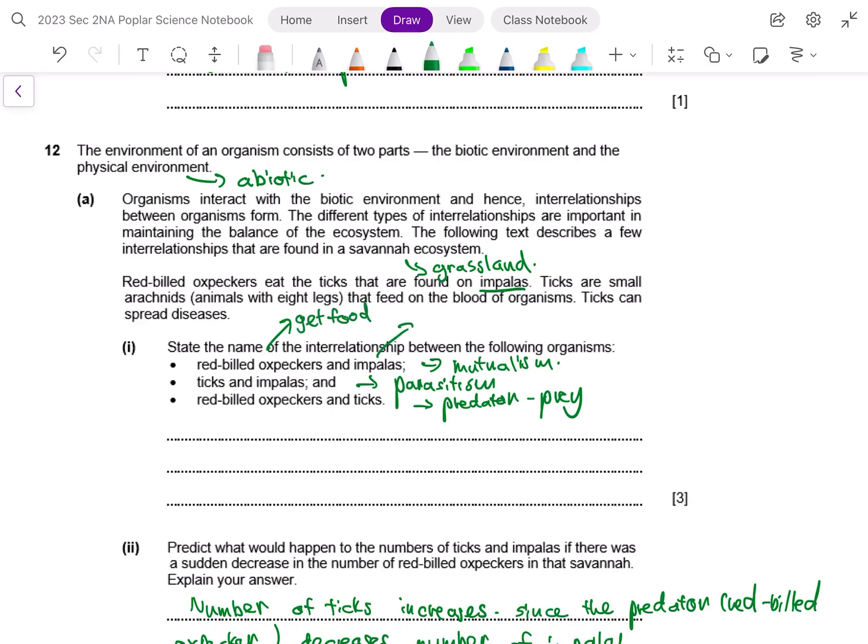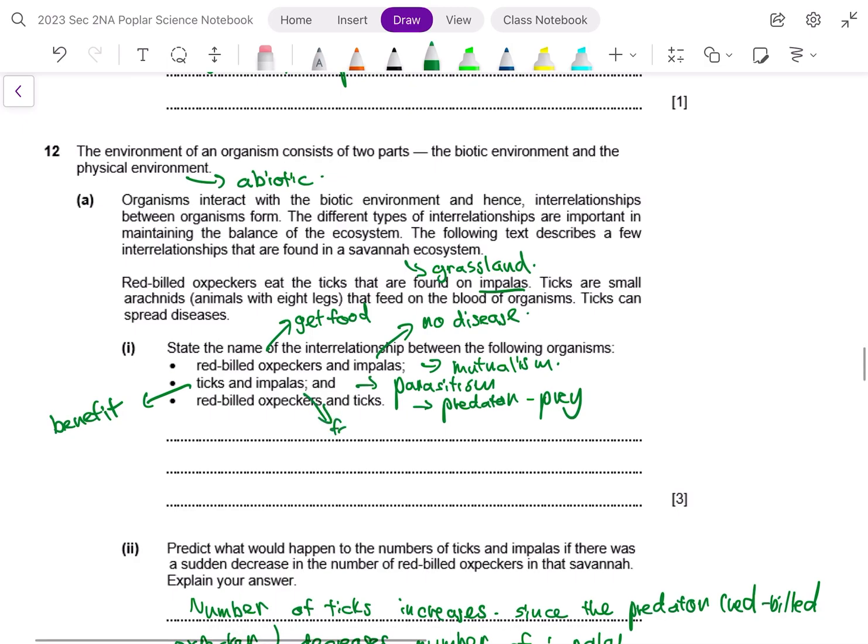This one also benefits because no diseases. The tick benefits, but the impala doesn't benefit. The impala will fall sick with the ticks because they spread diseases. So this one is parasitism. Then red-billed oxpeckers and the ticks, this one is predator.